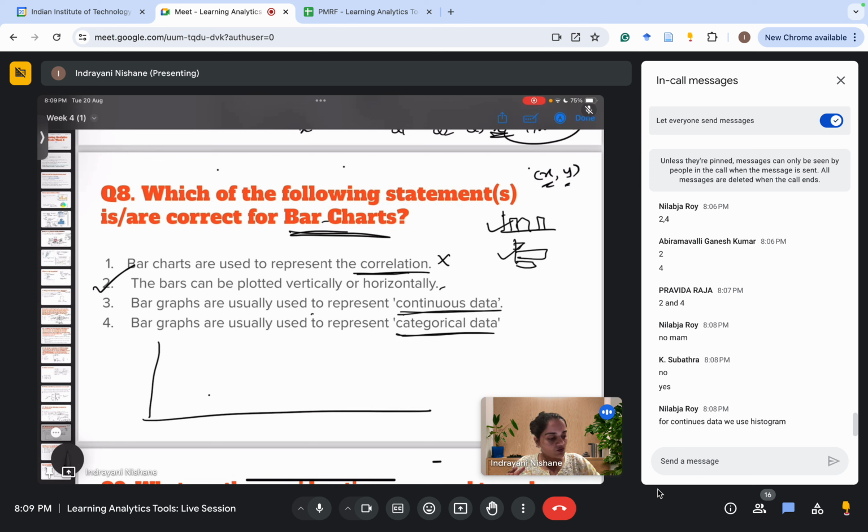If we use a bar graph to plot marks, we can plot the score of every subject. But for one subject, how many students scored 10 marks, how many scored 20 marks, likewise we can plot. But 10, 20, 30, 40, like this, it will not make any sense, no? It has to be some interpretable, sensible information which we are plotting using a graph.